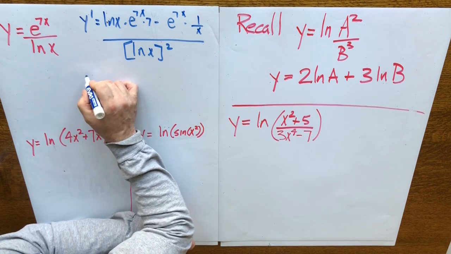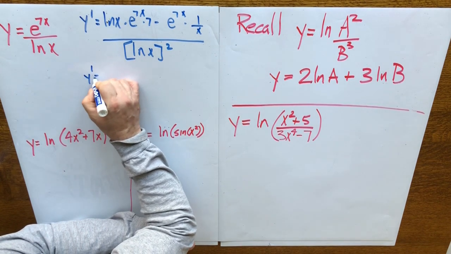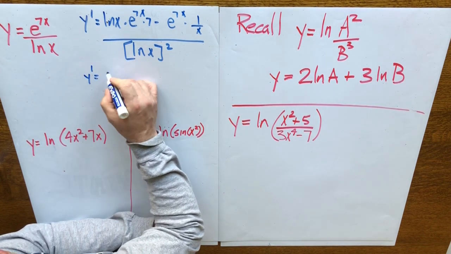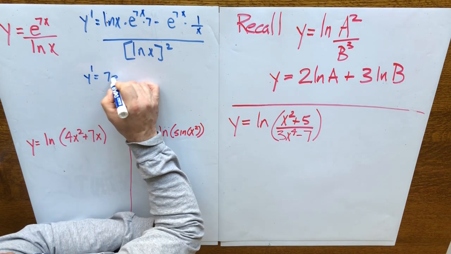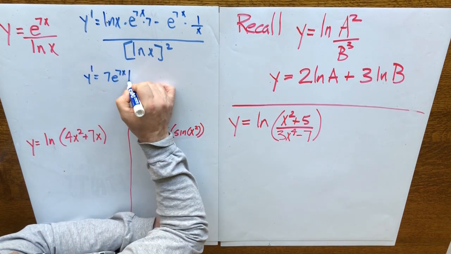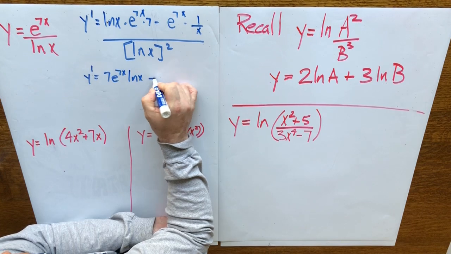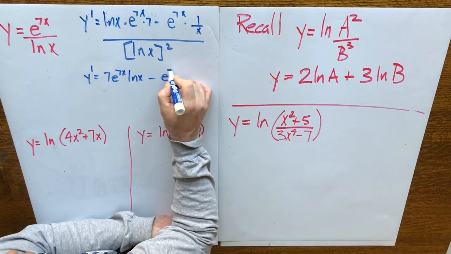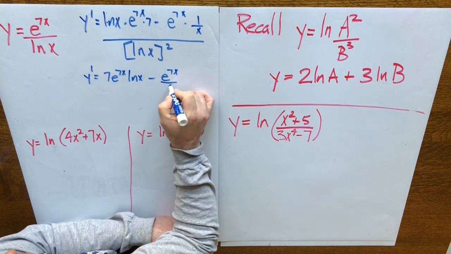Let's simplify that out a bit. Y prime equals 7 e to the 7x on x minus e to the 7x all over x.